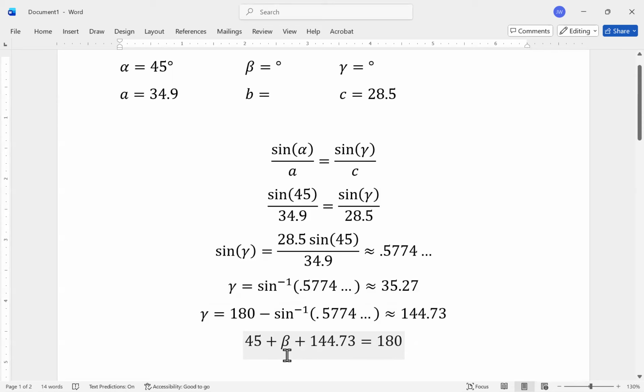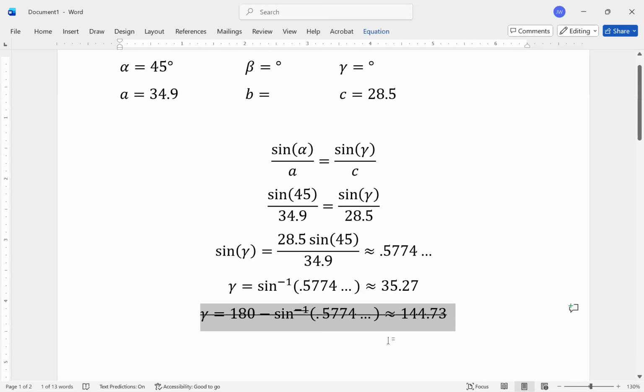So beta would not be an actual angle of a triangle. These two, the 45 and 144.73, already add up to over 180. So this is an option that doesn't work. So we'll scratch that option there.